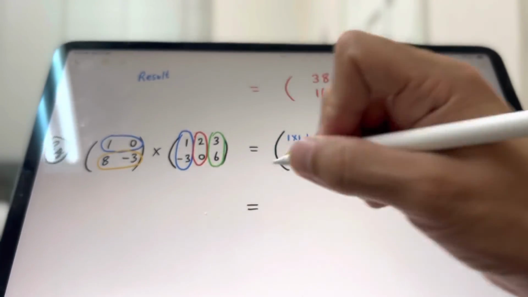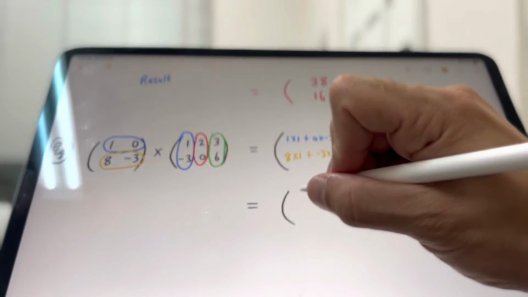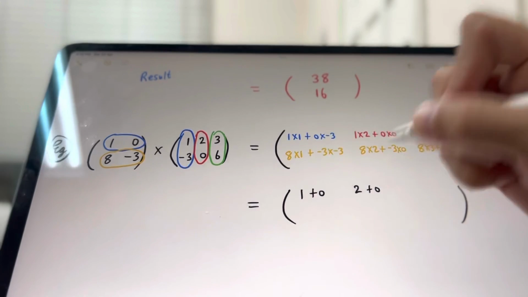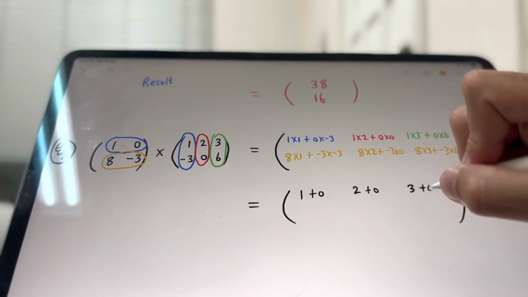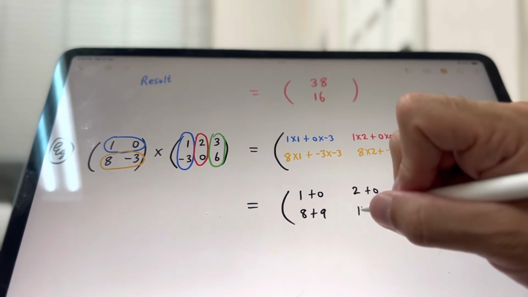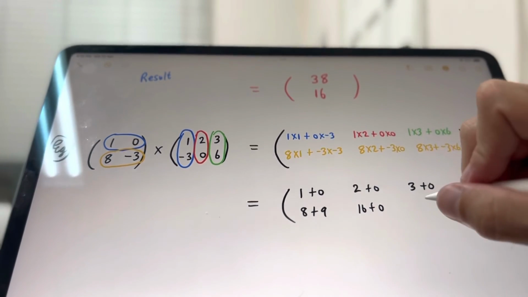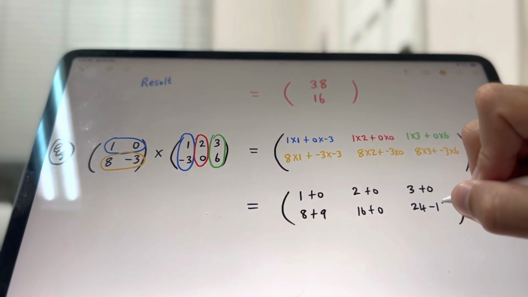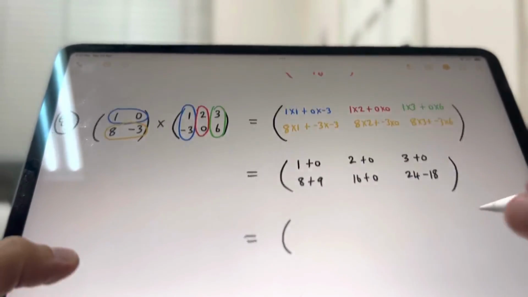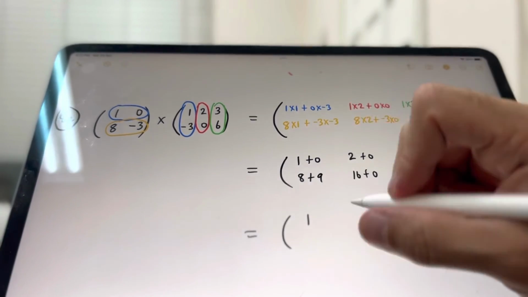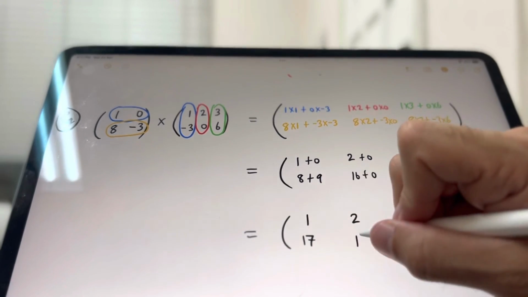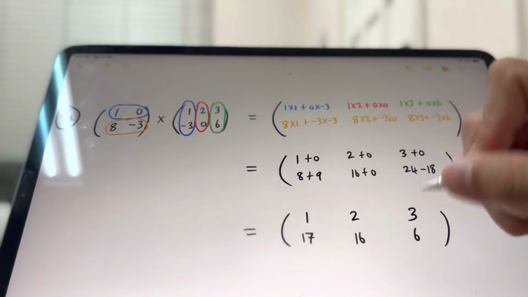And we're just going to work these out. 1 plus 0, 2 plus 0, 3 plus 0, 8 plus 9, 16 plus 0, 24 minus 18. Right, and we end up with 1, 2, 3, 17, 16, and 6.